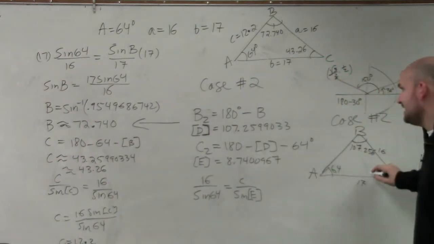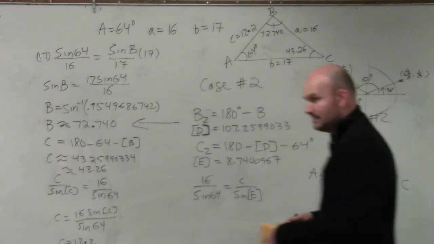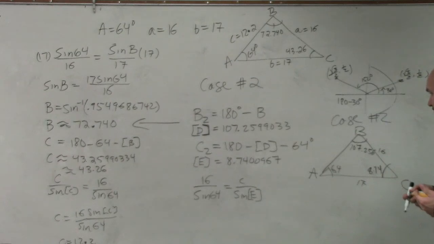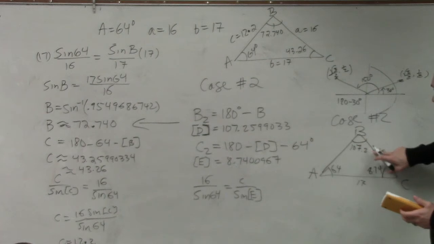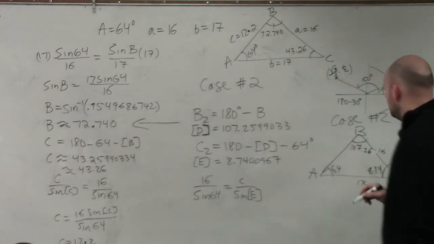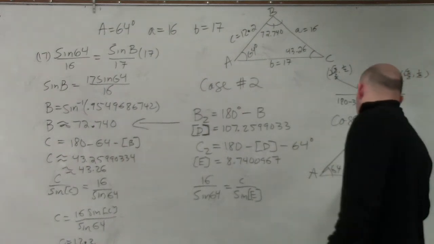Then my new C ended up being 8.74. Yes? The new B? Yeah, it would be 107.26. Oh yeah, 0.26. Yeah, thank you. Right? And then A is equal to 16, and B is equal to 17.